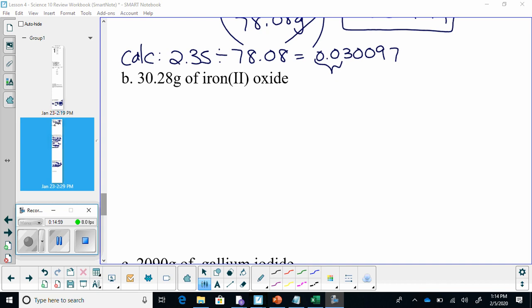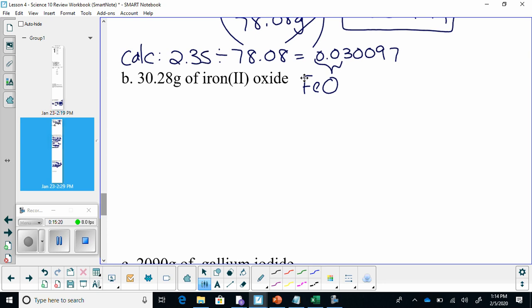We have 30.28 grams of iron 2 oxide. Determine the chemical amount. Now, what do we do first? Chemical formula. It's going to be FeO.